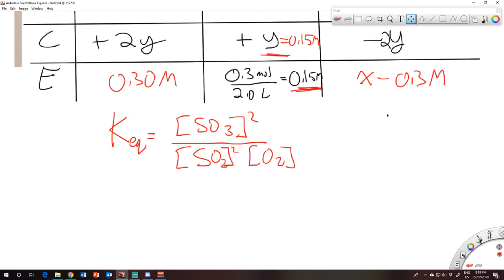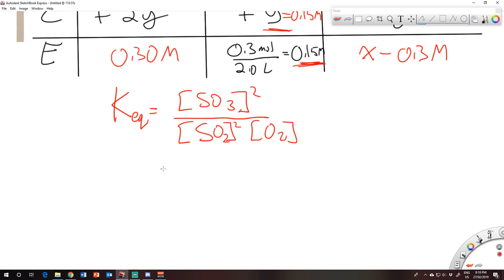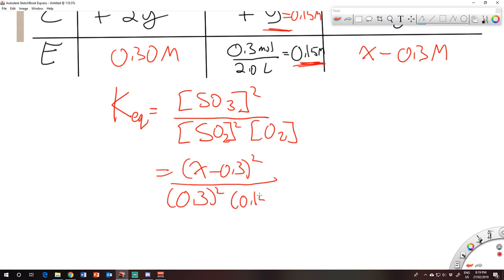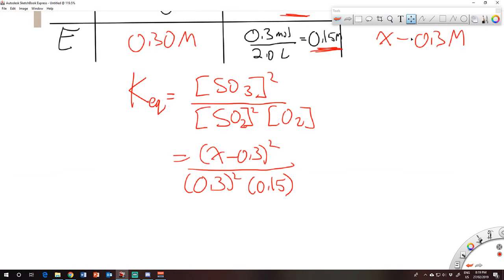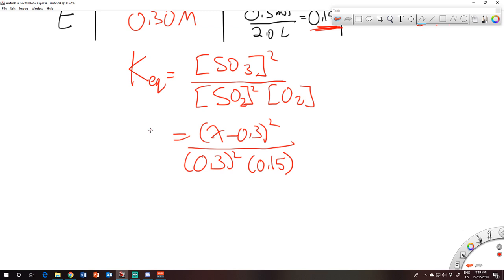Filling in the equilibrium amounts, SO3 is x minus 0.3 squared, SO2 is 0.3 squared, and O2 is 0.15. KEQ was given to us as 5.